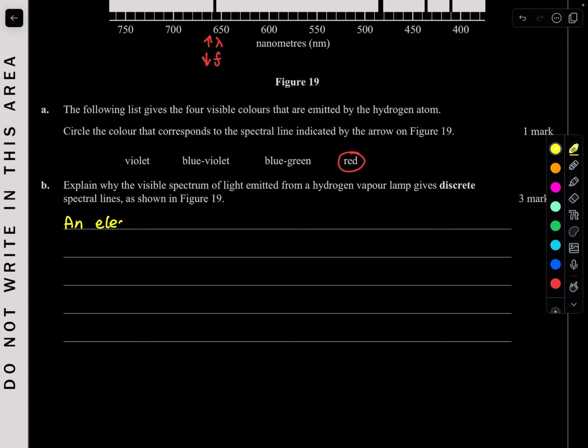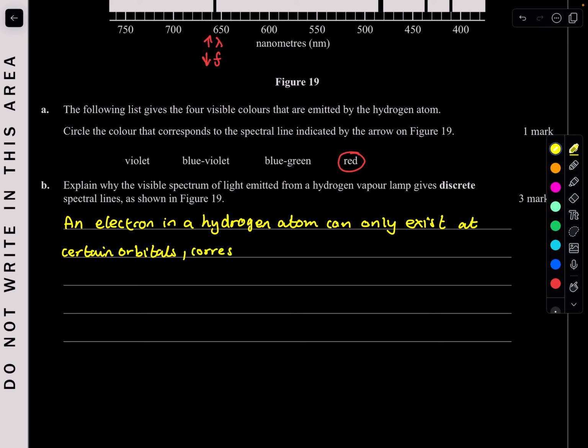An electron in a hydrogen atom can only exist at certain orbitals corresponding to discrete energy levels.